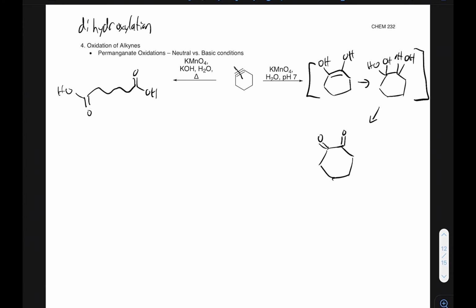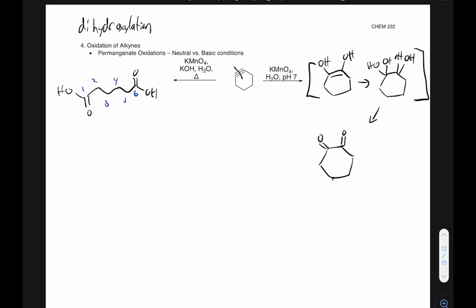Again, make sure we're counting up our carbons appropriately. We want to make sure we have 6 here, as in our starting material. So we either make a dicarboxylic acid or we make diketones, depending on whether we use neutral or harsh conditions.